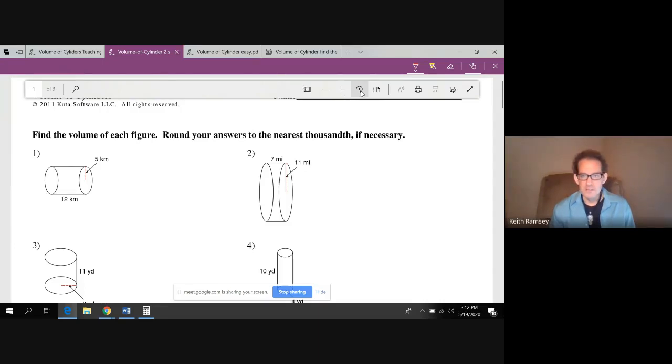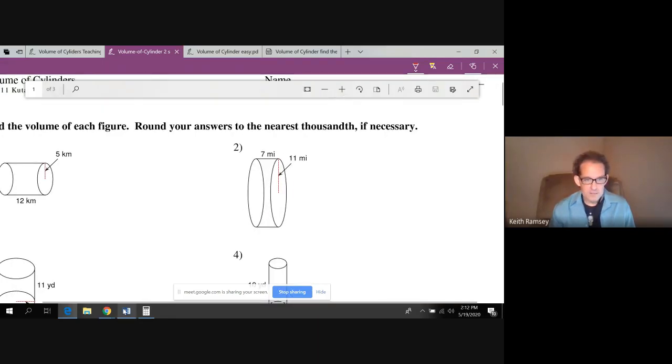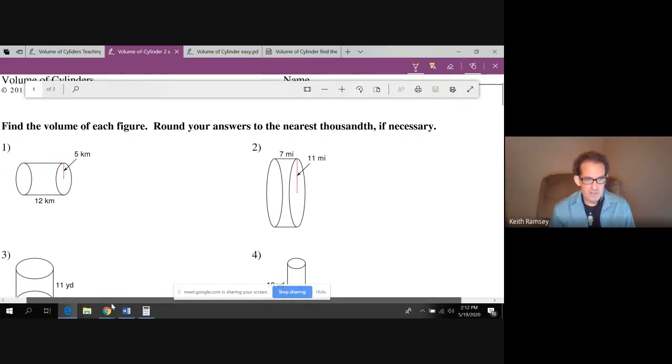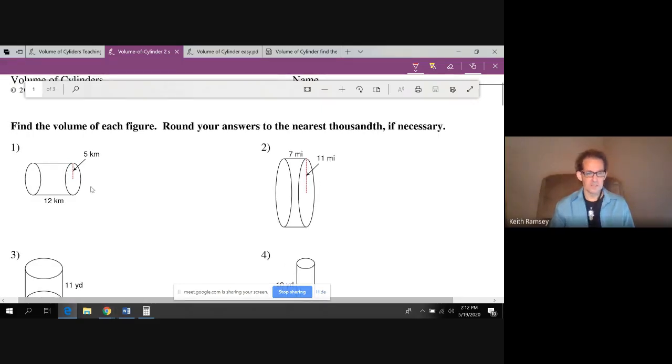Let me see if I can magnify this a little bit to make it easier for you to see. Okay, that's pretty good. All right, so again, our volume of a cylinder is going to be pi r squared, that's the base, times the height, or base times height. So the base of this circle here, I've got a radius of 5.